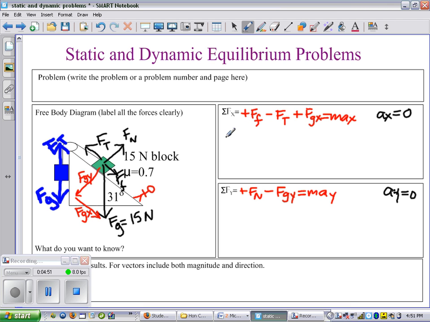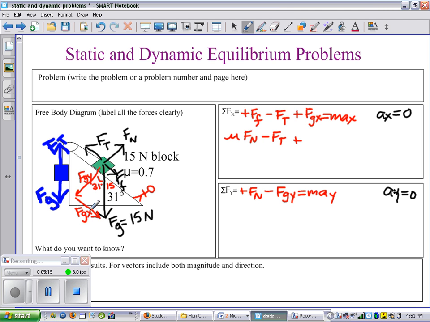Now let's put in the information that we know. FF is equal to mu Fn minus Ft plus FGX. FG is 15, so the hypotenuse of this triangle is 15. The angle at the top is 31.